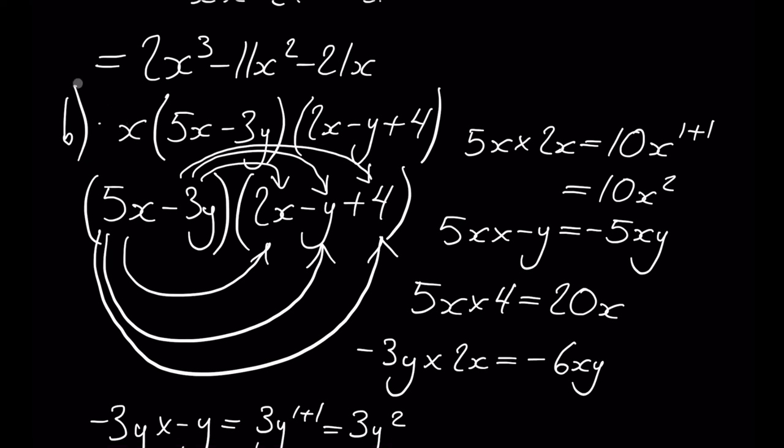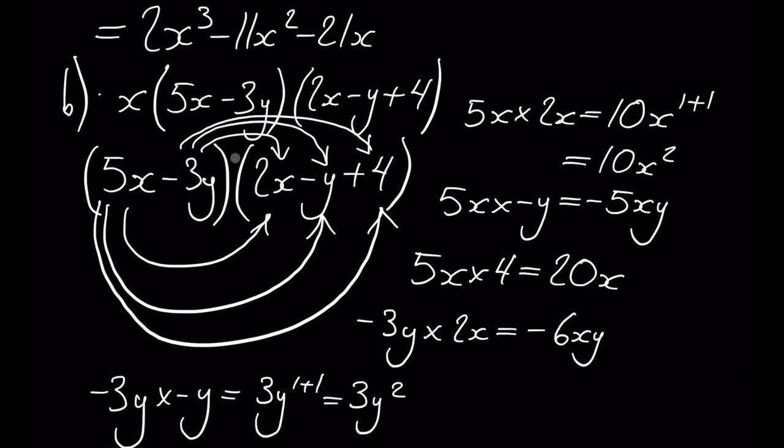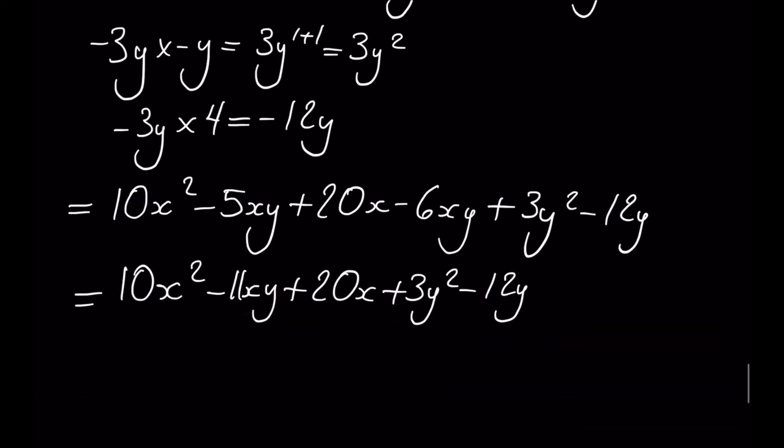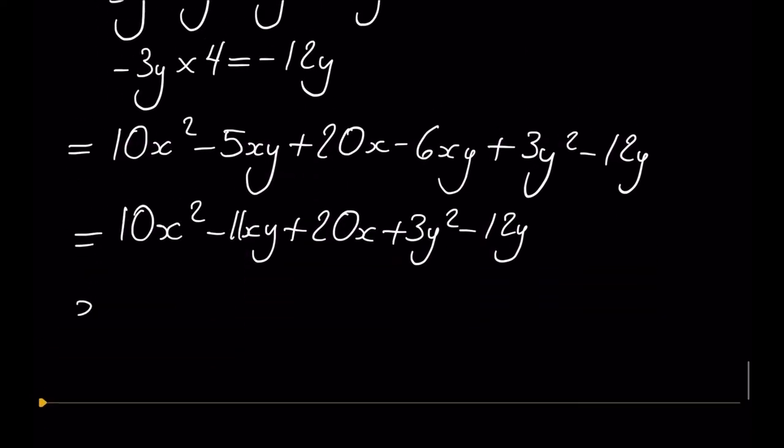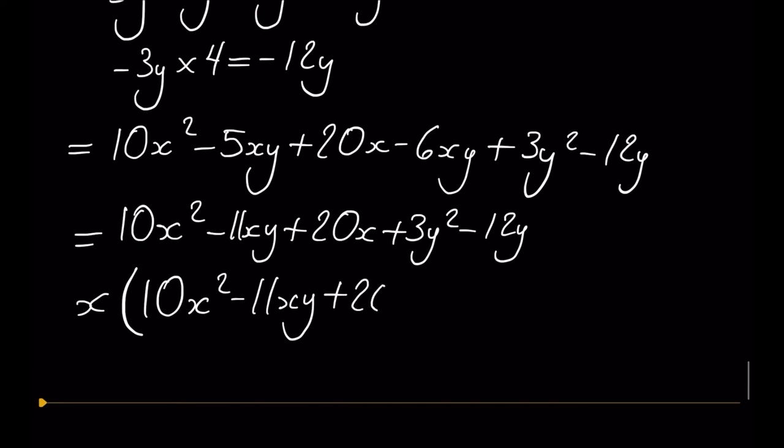Okay, now the remaining expression left is x. So all of this now can be rewritten as x times 10x squared minus 11xy plus 20x plus 3y squared minus 12y.